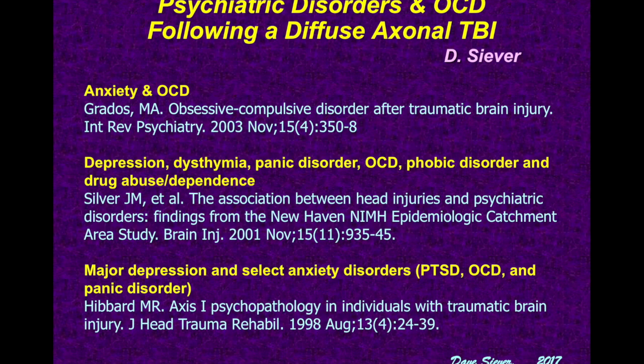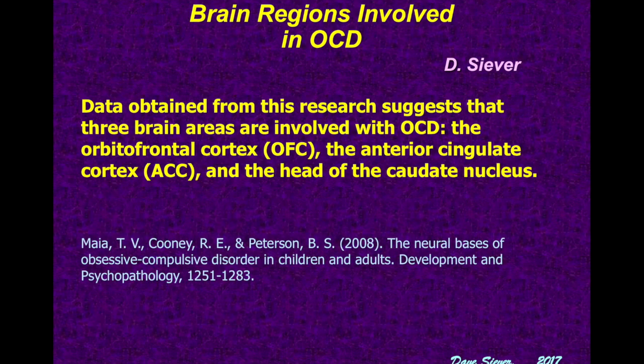And here's some of the research. So, brain regions involved in OCD. The brain regions involved are the orbital frontal cortex, so above your eyes, basically, and the brain tissue back there. The anterior cingulate cortex, which is right down the middle, from about the top of your head forward, is the anterior and posterior cingulate cortex, and the head of the caudate nucleus.